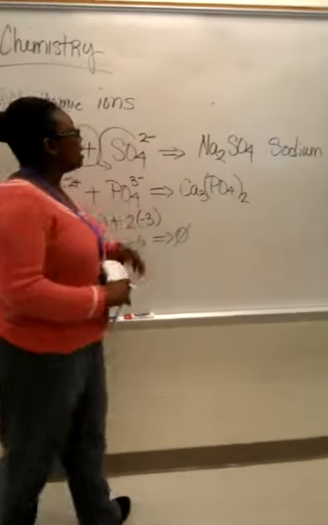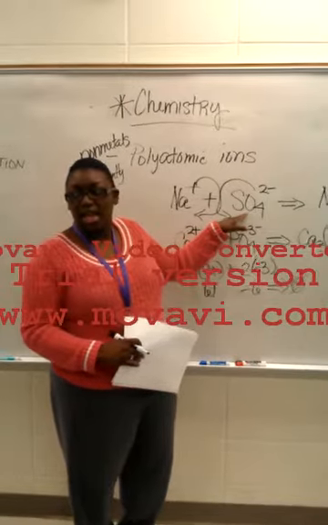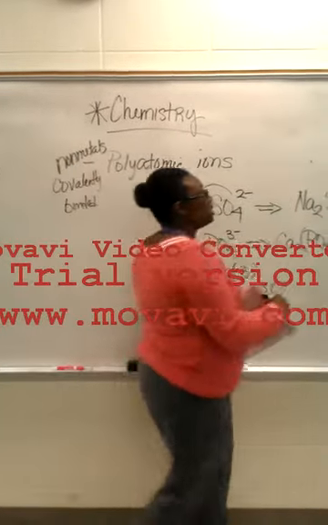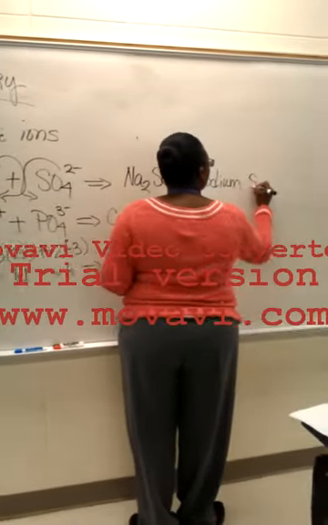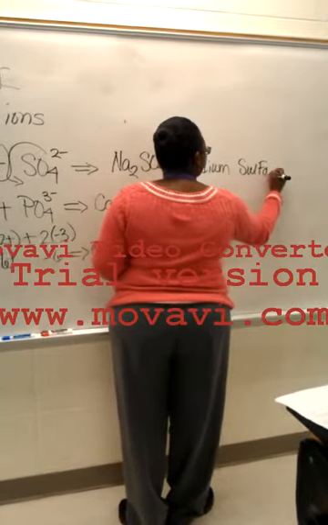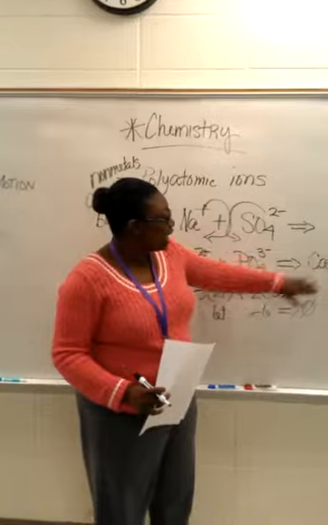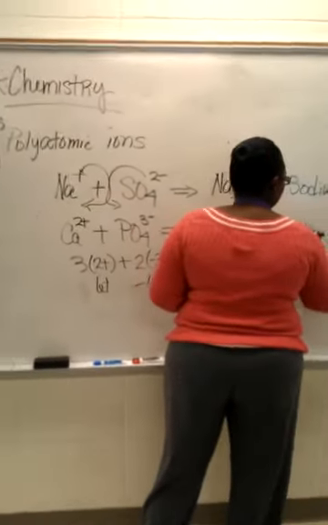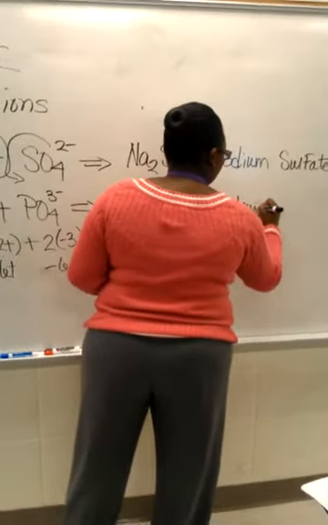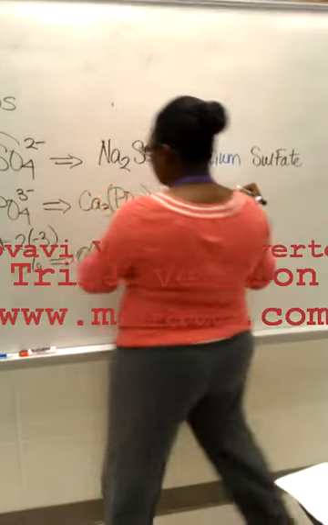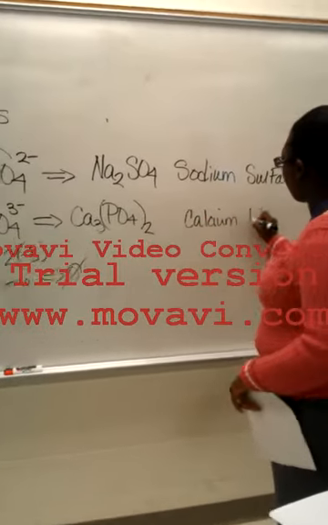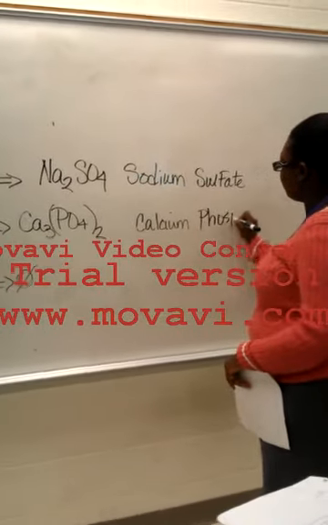Okay, and since this is a sulfate ion, then you just take the name sulfate. So it's going to be sodium sulfate. Same thing here. You're going to have calcium. And in this case, instead of having a sulfate, you're going to have phosphate.